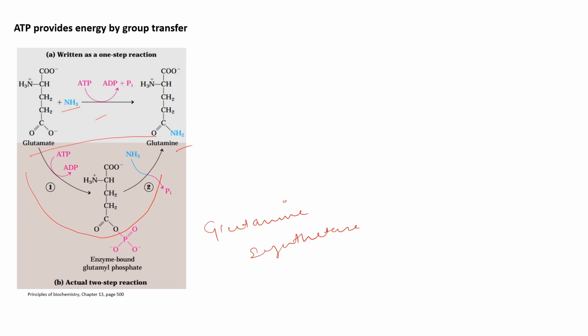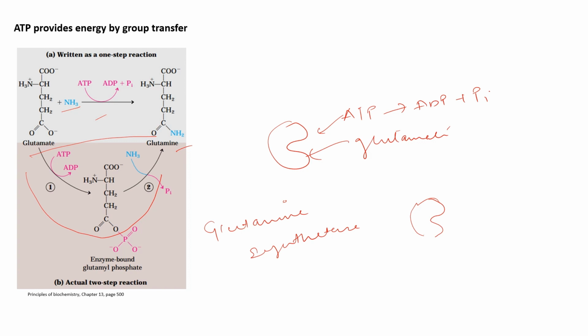In the first step, the enzyme is present, which consists of an active site. Now in this active site, glutamate will bind. In this active site, ATP will also bind. After that, this ATP will hydrolyze and give ADP plus Pi. The Pi will not be released. It will still remain bound with the enzyme.